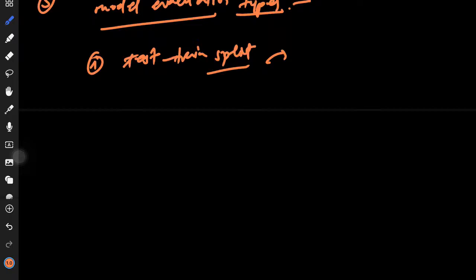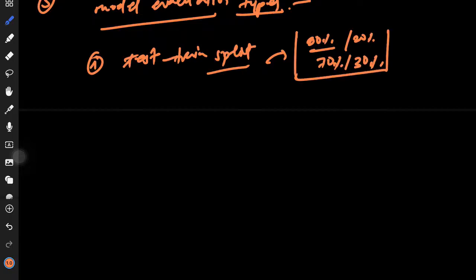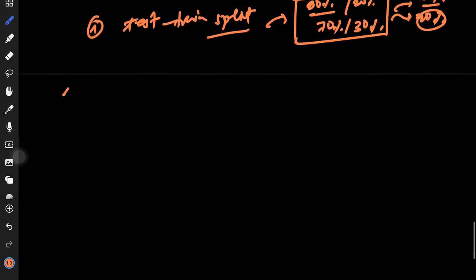Here we split our data into 80% training and 20% testing, or 70% training and 30% testing, and then we train our model on 80% of the data and take accuracy on the 20% of the testing data and then compare whether our model is performing best on the unseen data. So this is an evaluation technique.